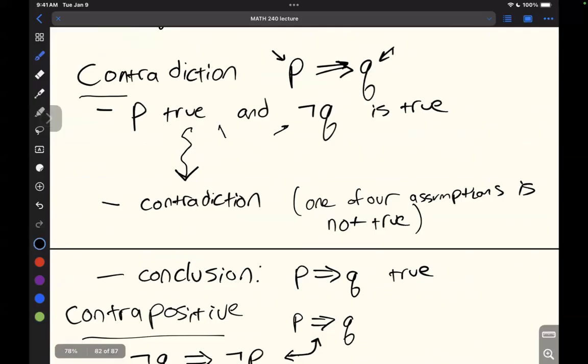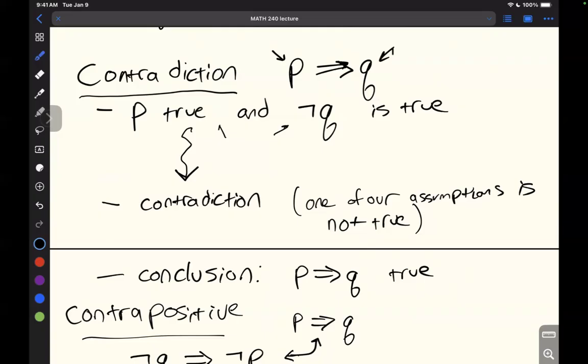So for contradiction, if we're trying to prove P implies Q, then we prove this indirectly. We assume two things: that P is true and not Q is true. So we're assuming that our hypothesis is true, but the conclusion is false.